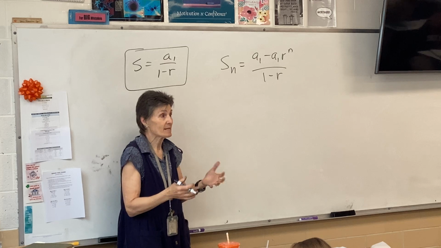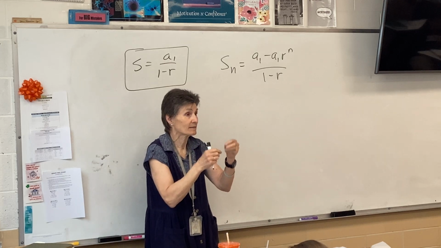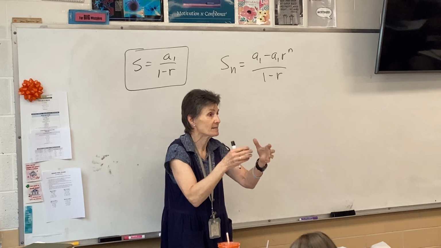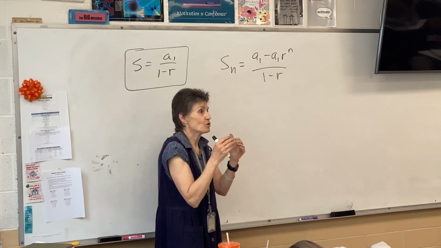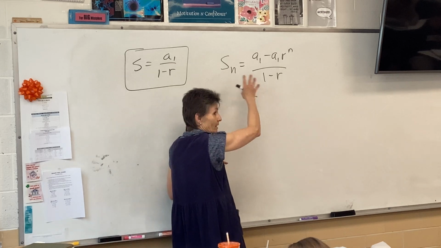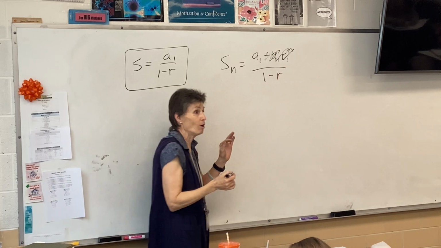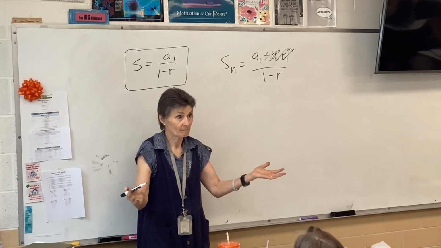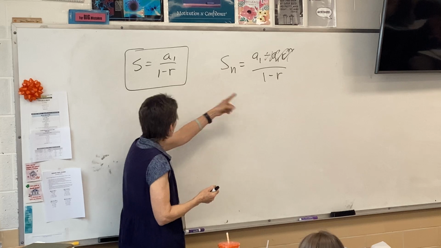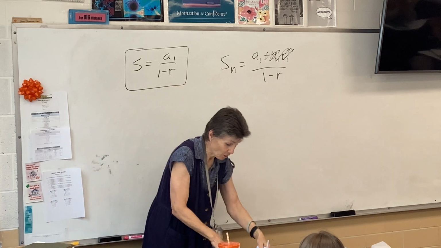That means that you can't have an n, because n is like the number of terms, like a sub 50 or s sub 50. So if you take this formula and take out the part of it that involves an n, you have the infinite formula, okay? So you see how it's there? This is for an infinite.